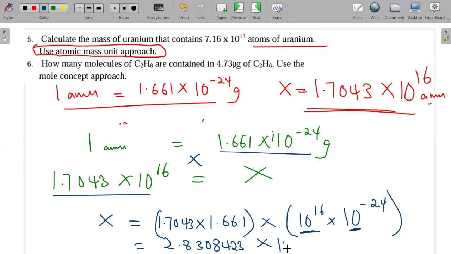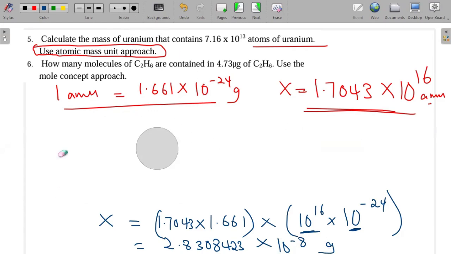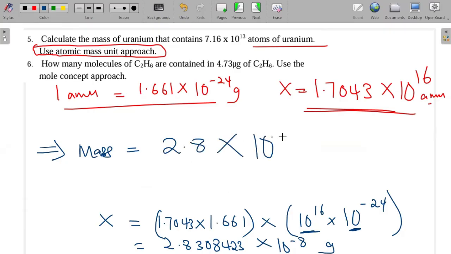I'm going to get 10 to the power minus 8, and these will be grams. Okay, so it means my mass will be equal to 2.8, I can round it off to two significant figures, times 10 to the power minus 8 grams. Okay, so it means this here will be the mass of 7.16 times 10 to the power 13 atoms of what? Uranium.